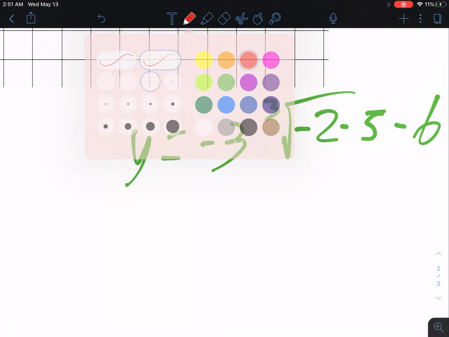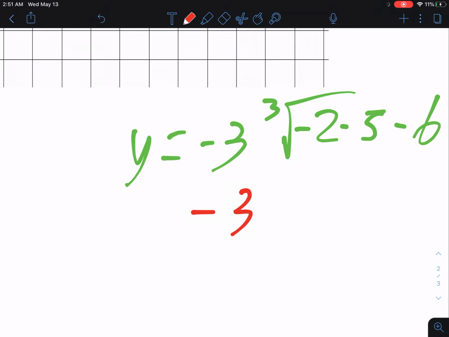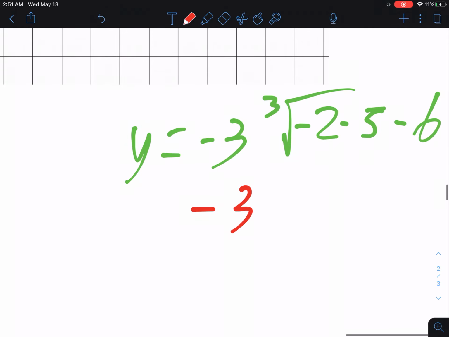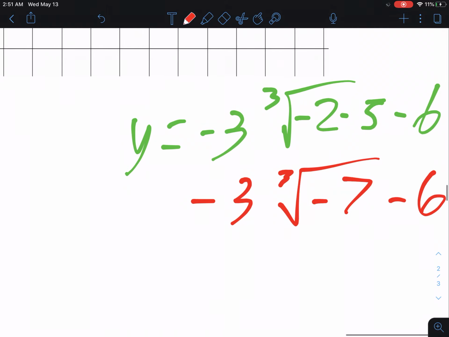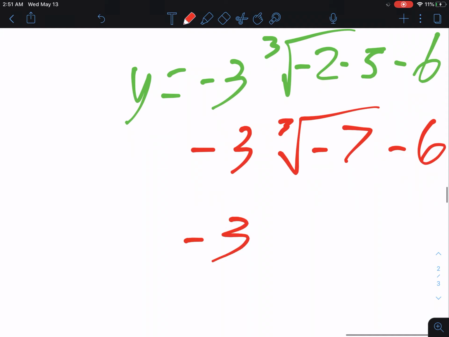And then we drop down negative 3, and then negative 2 minus negative 5 is negative 7, so it'd be the square root of negative 7 to the third minus 6. Then we drop down negative 3 again.